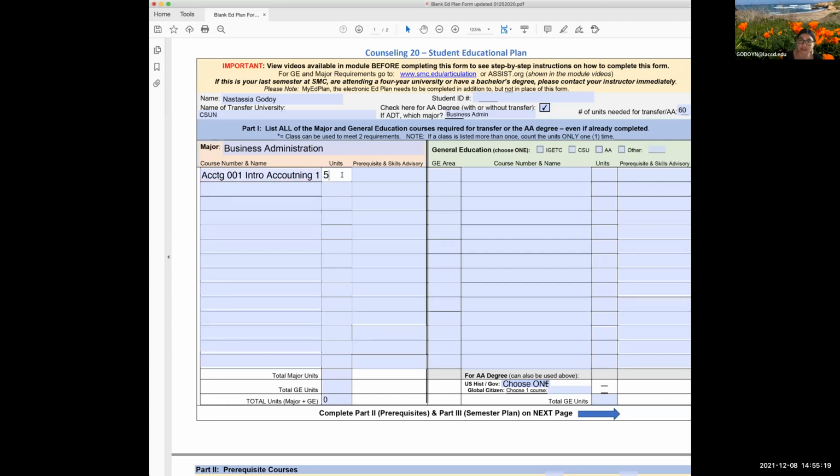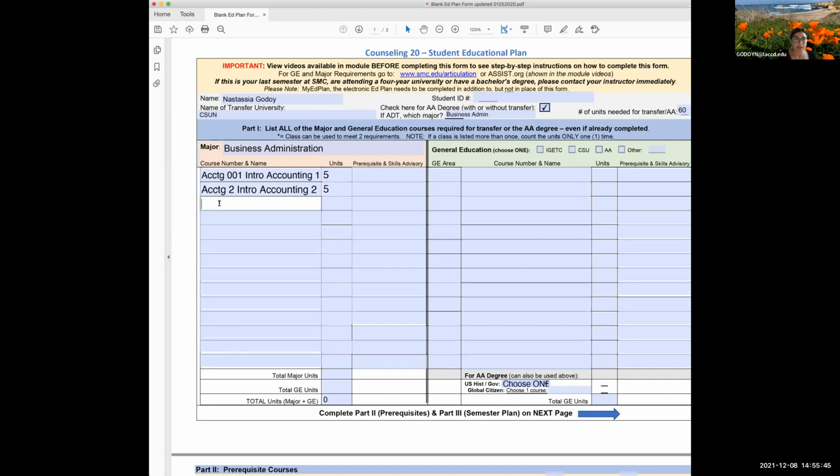So 5 units. Then I see the next class I need is accounting 2. So I'm looking at assist and I'm writing exactly what I see on assist. And the name is introductory accounting 2. And it's also 5 units. That's the number within the parentheses.